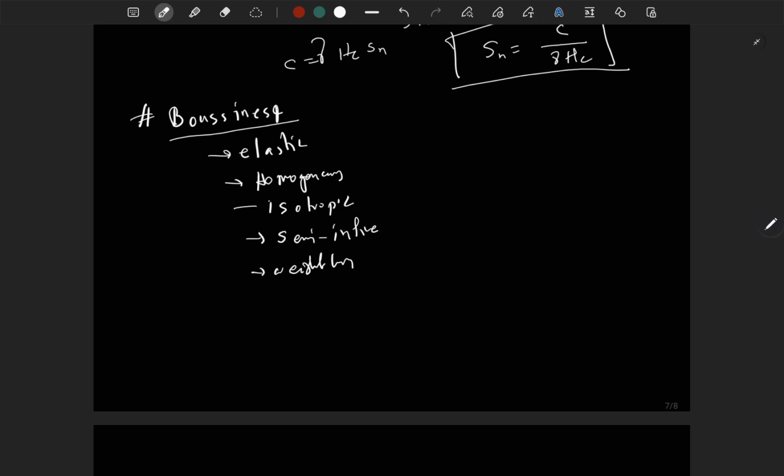These terms are most important because this assumption generally acts in a different way. Boussinesq equations are mostly for isotropic.